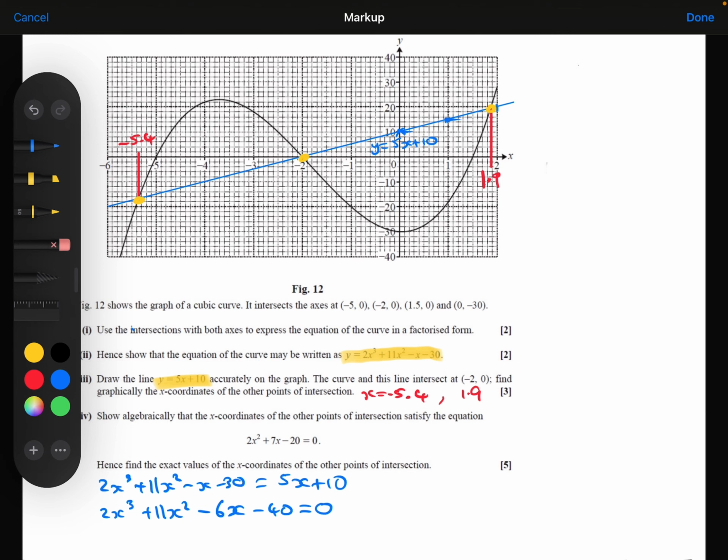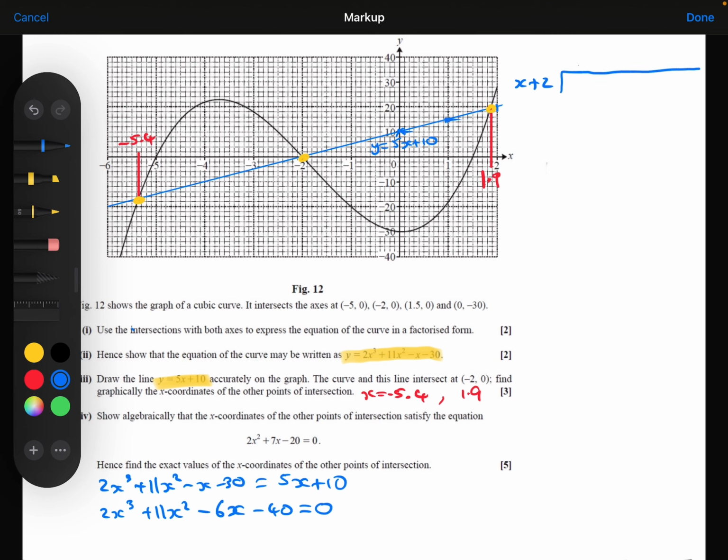I can use the fact that x equals minus 2 is an exact solution because that's telling me that x plus 2 is a factor of this. So I can now do a little bit of algebraic division to work out what the other factors would be.